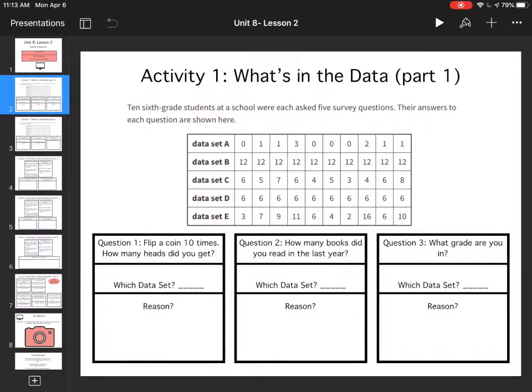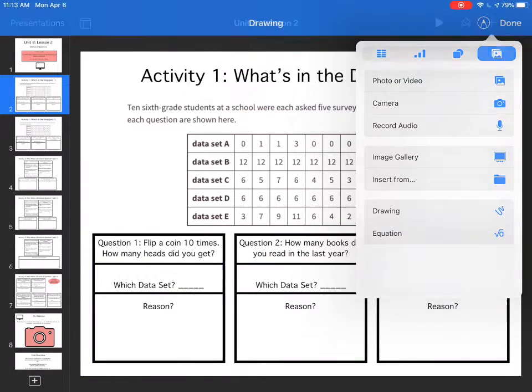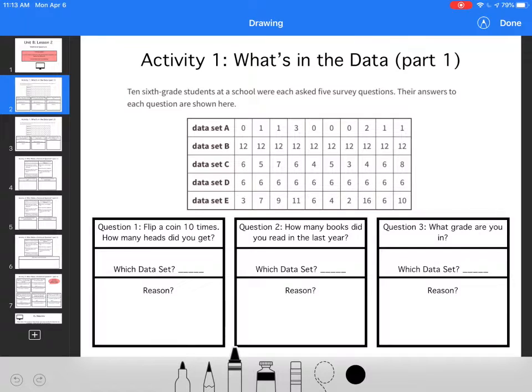So I'm going to say data set C, and my reason is it's close to half, so close to 5 for each number. Because you're likely to get heads and tails 50% of the time, so 5 out of 10 times.